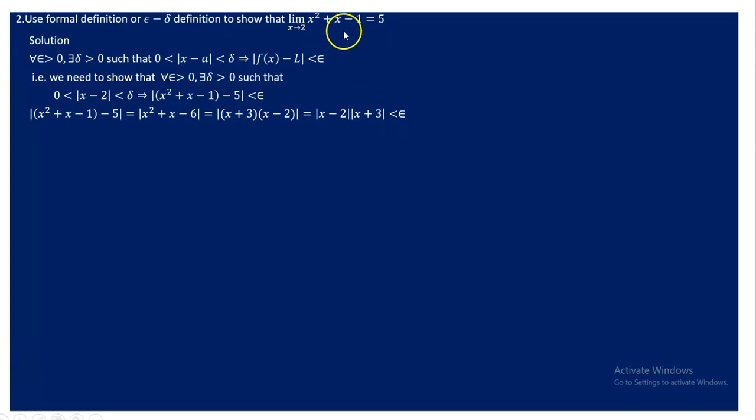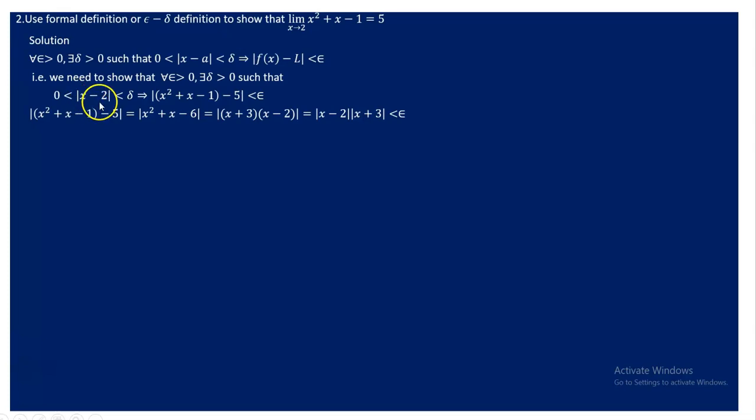But since this is quadratic, expect such an expression as an additional factor. So we have to bound the other absolute value expression by a certain number. For that analysis, we have to come to this situation.